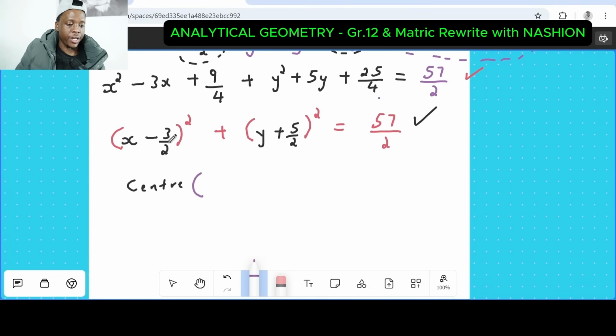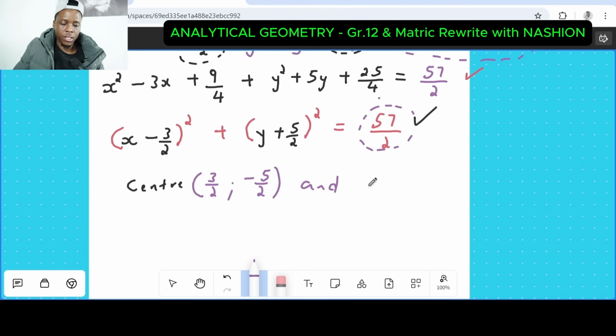The x coordinate of the center, we're going to be changing the sign there. That's positive 3 over 2. The y coordinate, we change the sign. That's negative 5 over 2. And now the radius. Remember this part is r squared. So radius squared is going to be 57 over 2.